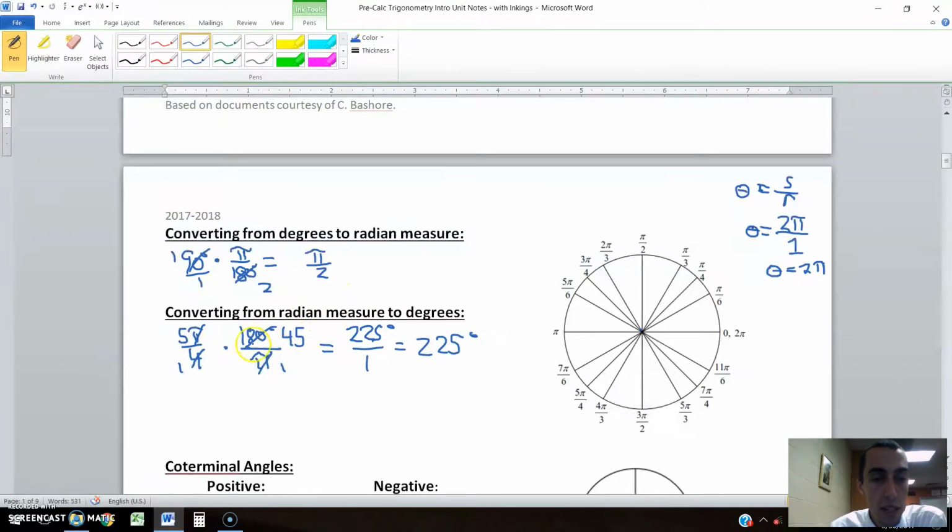When you're doing these conversions, it's really useful to know what the factors of 180 are. As you can see, sometimes you'll be simplifying with the number 180 in either of these formulas, so it's useful to remember what those factor pairs are.